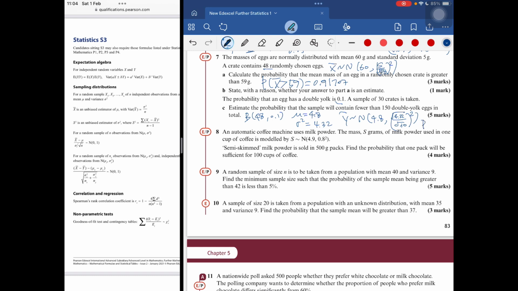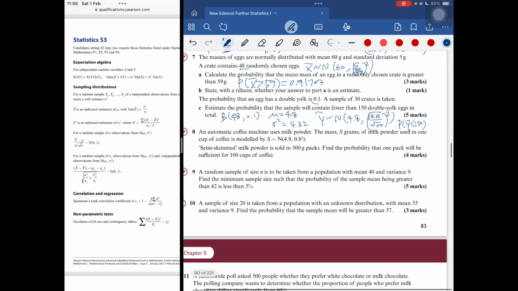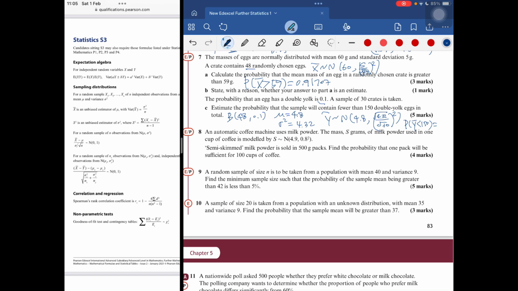And we want to know fewer than 150. So let's do that. Distribution, normal CDF, negative 999 and 150 upper bound, mean 4.8, and standard deviation square root of 4.32 over 30.